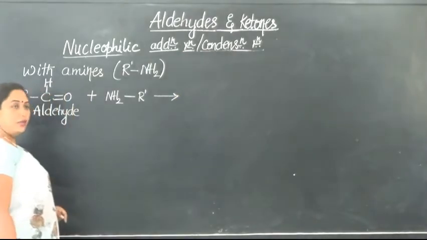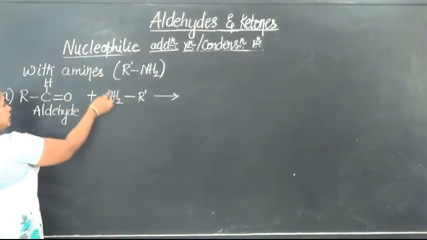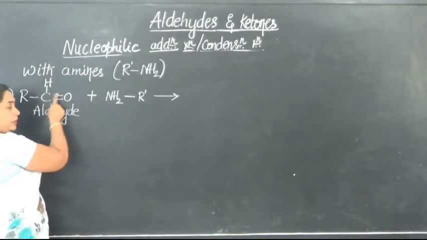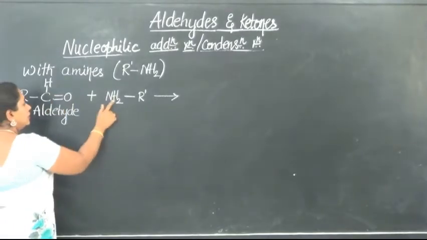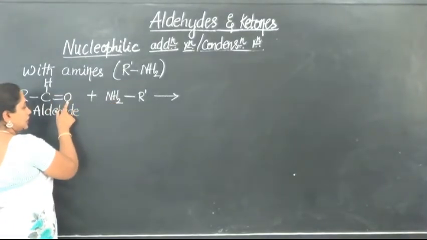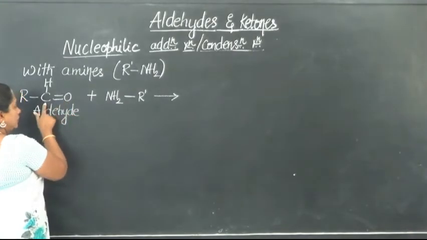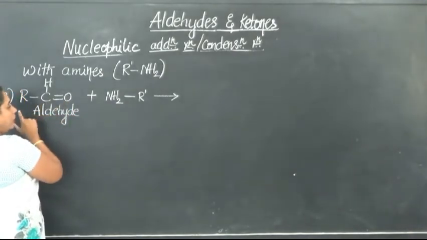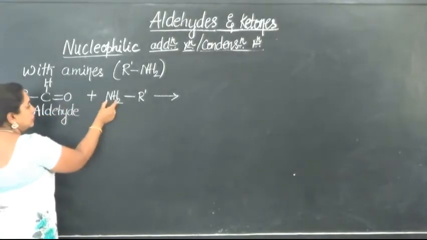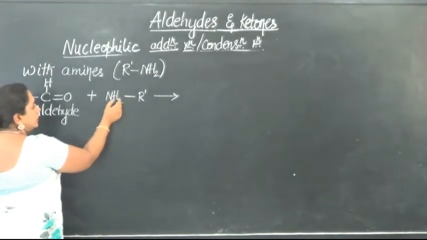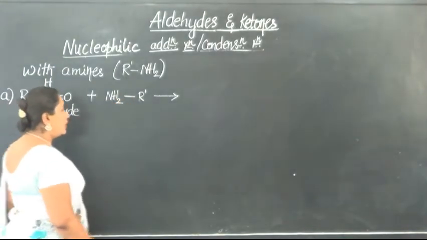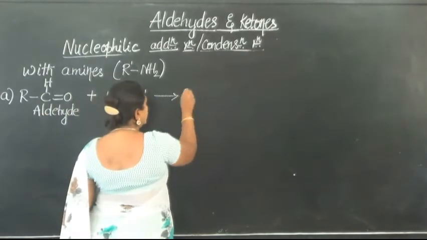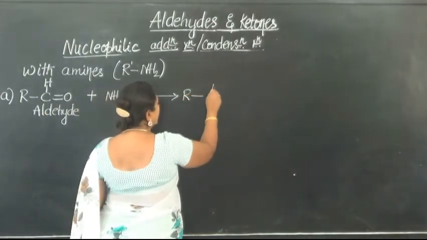Because it's an addition reaction, addition of the component takes place at the place of the double bond. Hydrogen from here will attach with oxygen and this oxygen will shift below as OH. Then this nitrogen is left with one hydrogen, in turn linked with this R dash. So let us write how the addition product looks.